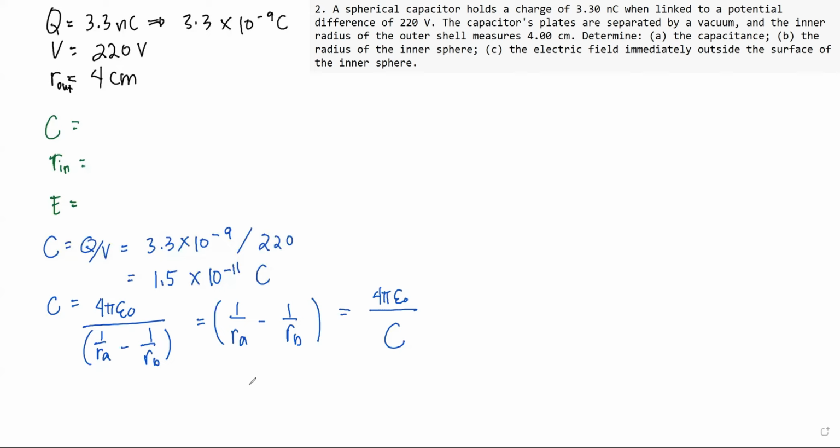What we don't have is your Rin, and the Rin is basically RA because we usually start our naming from the inside to the outside. So RA is what we're missing.